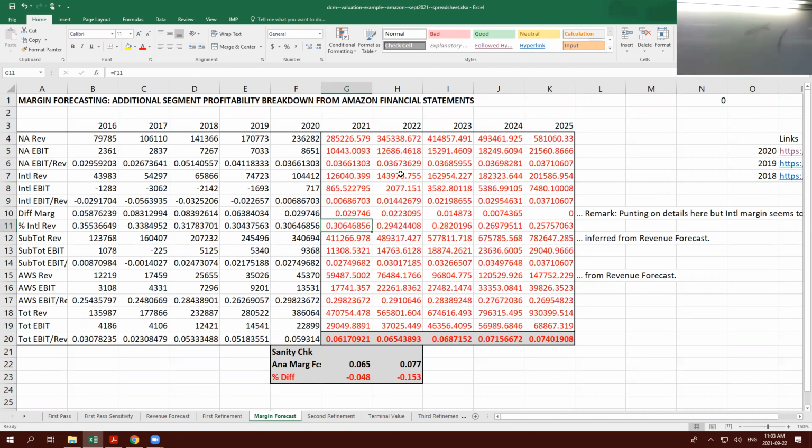Okay, so I did skip some steps. Sorry, I had forgotten about this. Yes, I can get the historical numbers on the breakdown of North American and international, but I don't have eMarketer helping me break it down for the future. So what I did is I took a stand on the percentage of revenue that's international. Interestingly, I didn't know this until I looked at the numbers: the percentage has been going down.